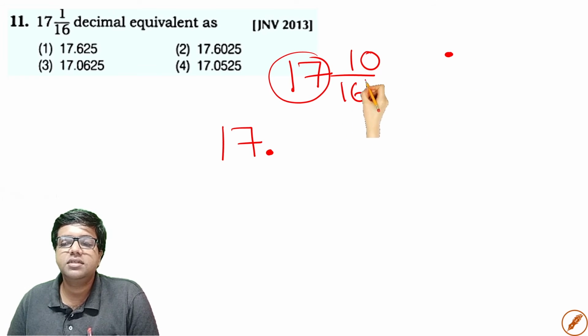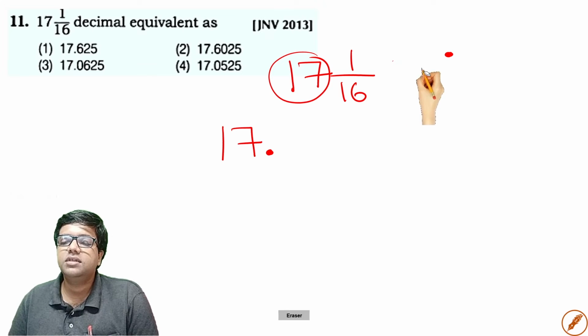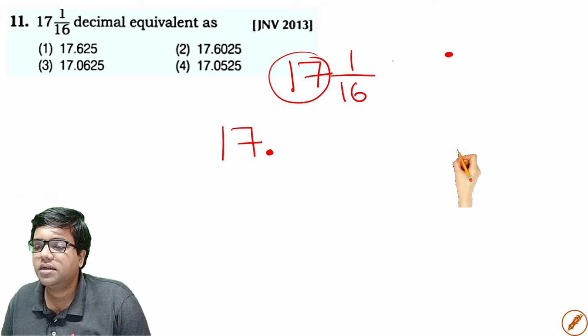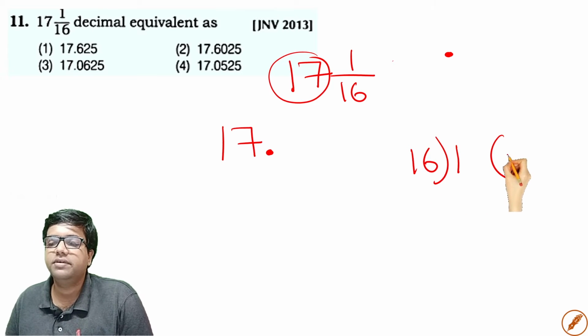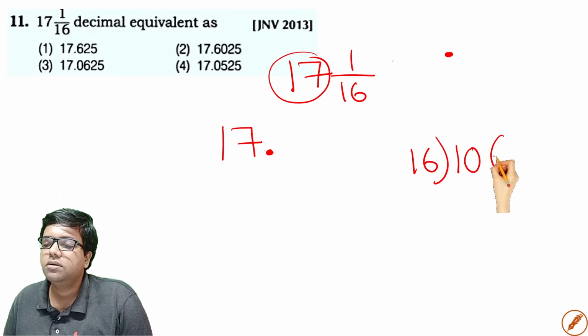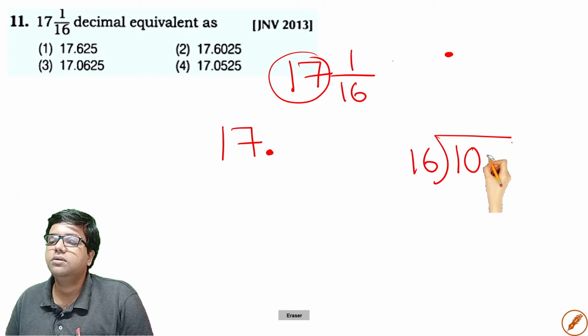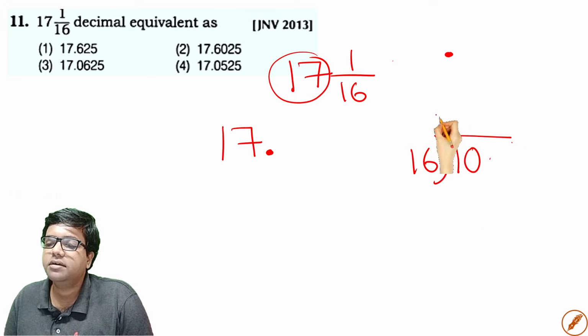10 by 16 can't be divided, so you keep one more 0. Let's divide it in the long division method for a better understanding. 1 by 16 is there. This is how you will divide. You will keep a 0, then you will keep a point here, 0 point.